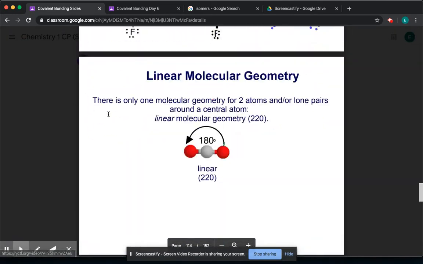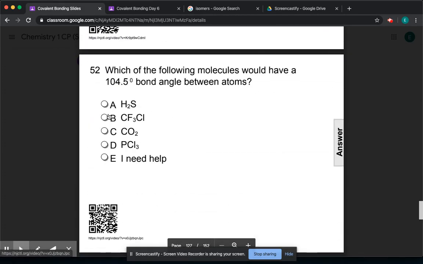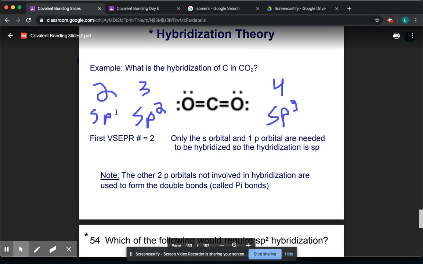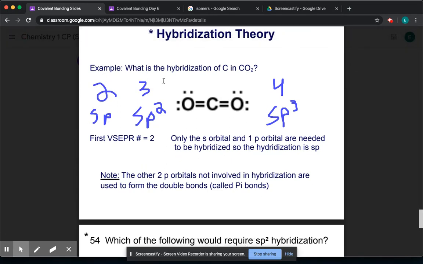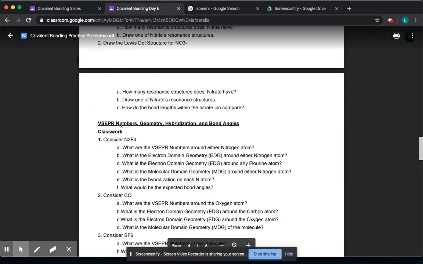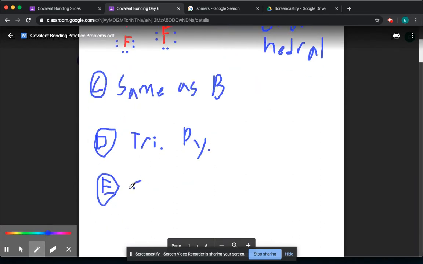Let's scroll down to hybridization. All you have to do is look at that first number again. And remember, just write this down. 2 is SP, 3 is SP2, 4 is SP3. So the number is 4. So because the number is 4, we are going to be looking at SP3.